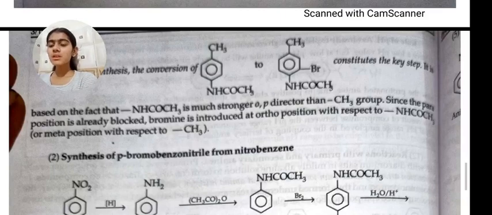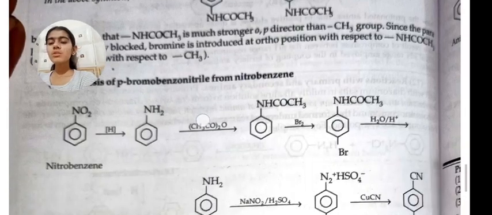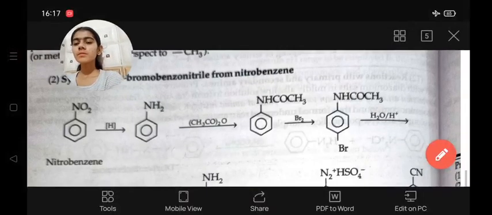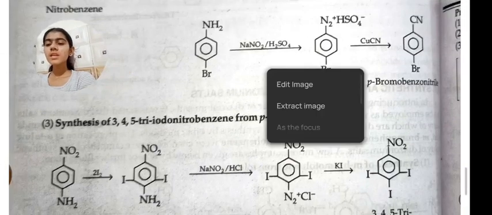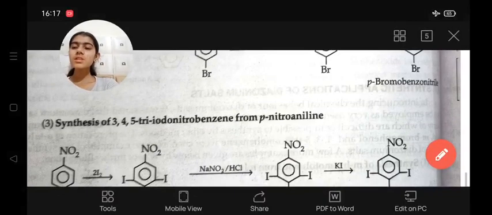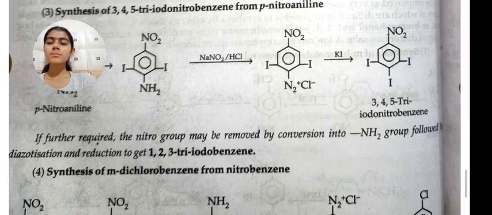The second one is the synthesis of para-bromobenzonitrile from nitrobenzene. Third is the reaction for the synthesis of 3,4,5-triiodonitrobenzene from para-nitroaniline.